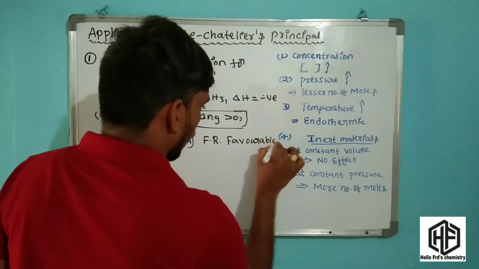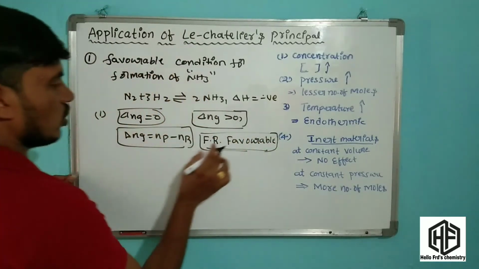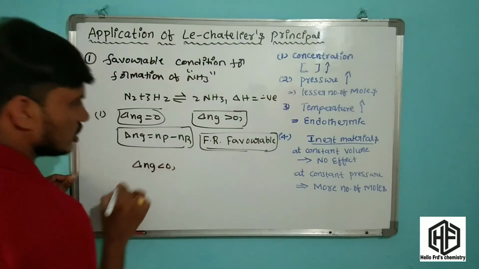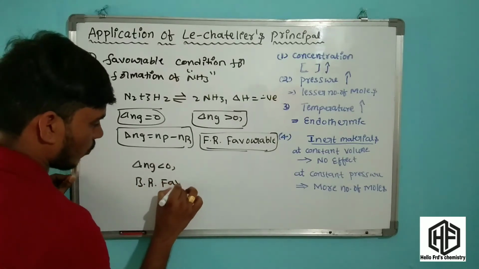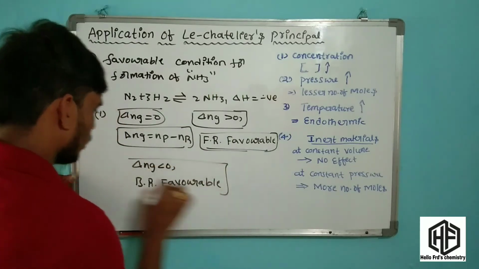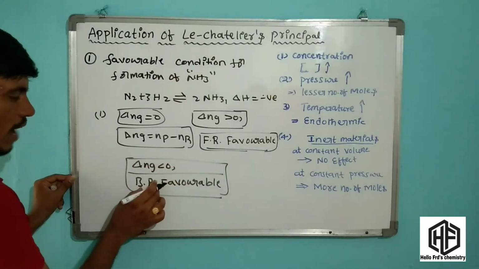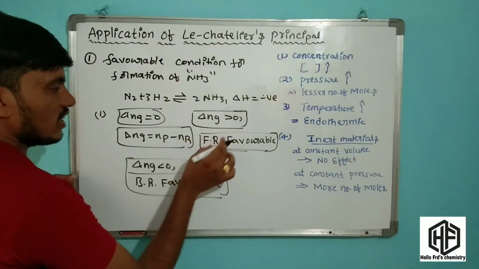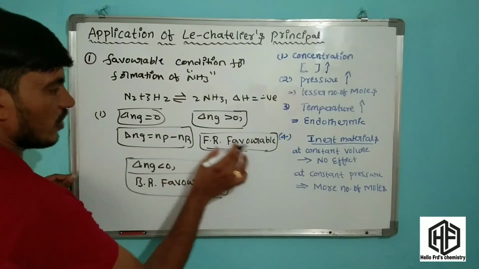Delta Ng greater than 0, forward reaction is favorable, but delta Ng less than 0, backward reaction is favorable.